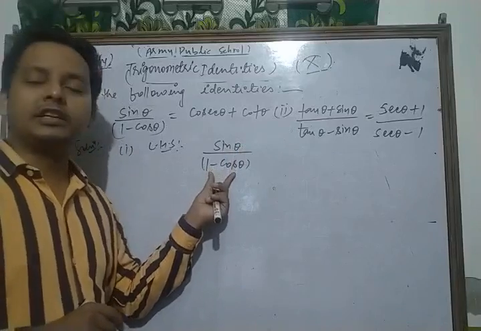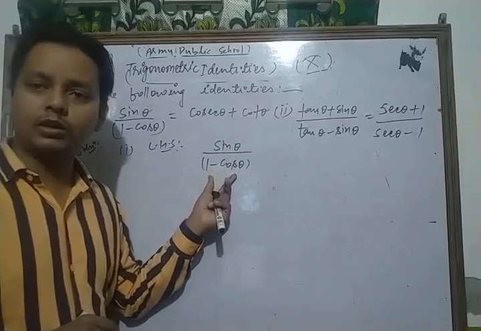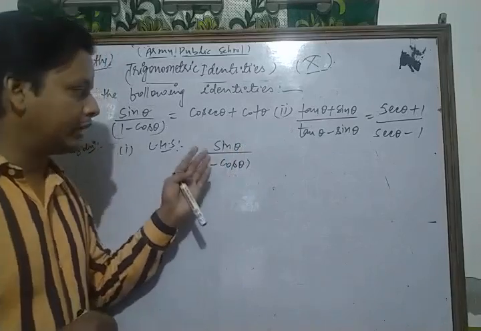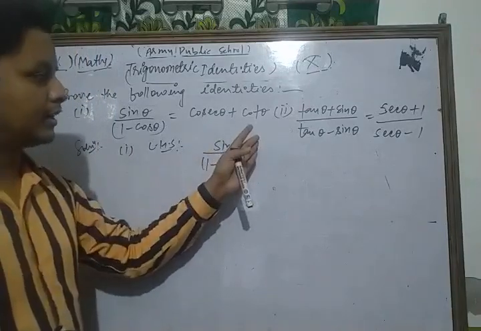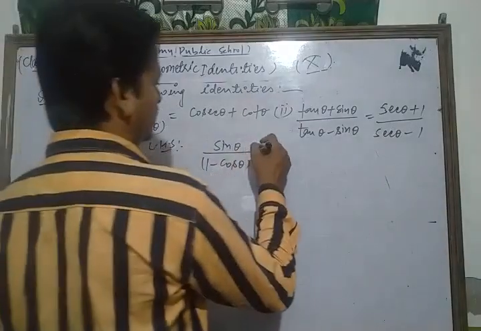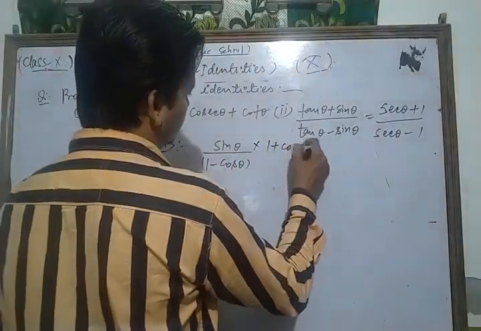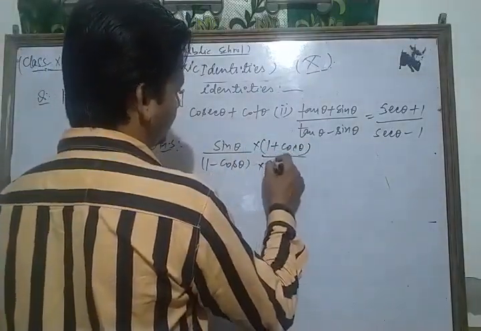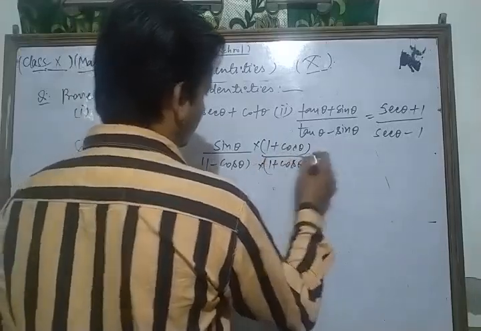The conjugate of 1 minus cos theta is 1 plus cos theta. So we must multiply 1 plus cos theta in both the numerator and denominator.